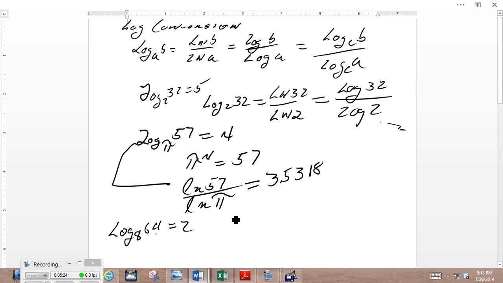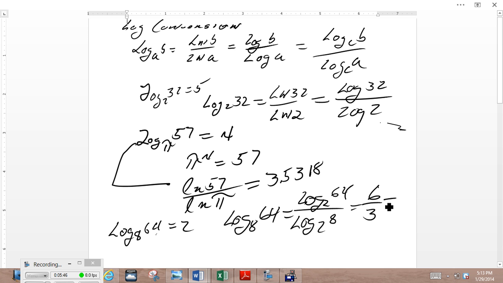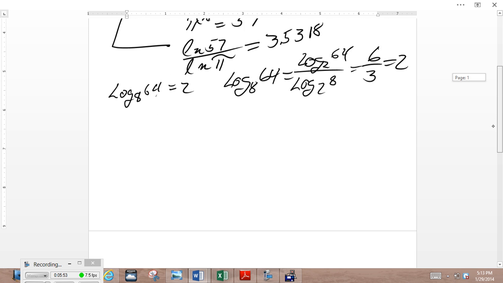For convenience, I'm going to put it on base 2. By log conversion, the log base 8 of 64 is the log base 2 of 64 over the log base 2 of 8, the log of the base. We identify that as 6 over 3, and their quotient is 2.